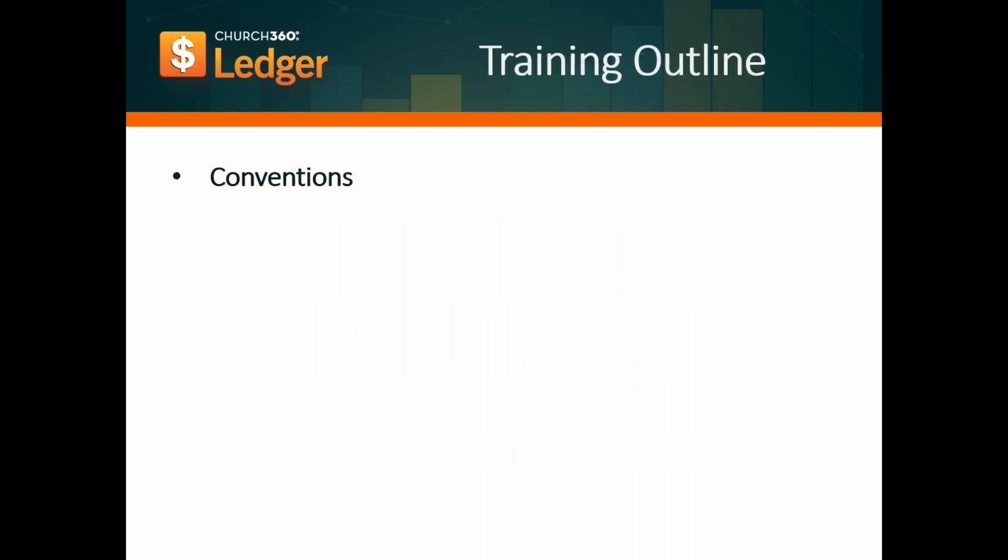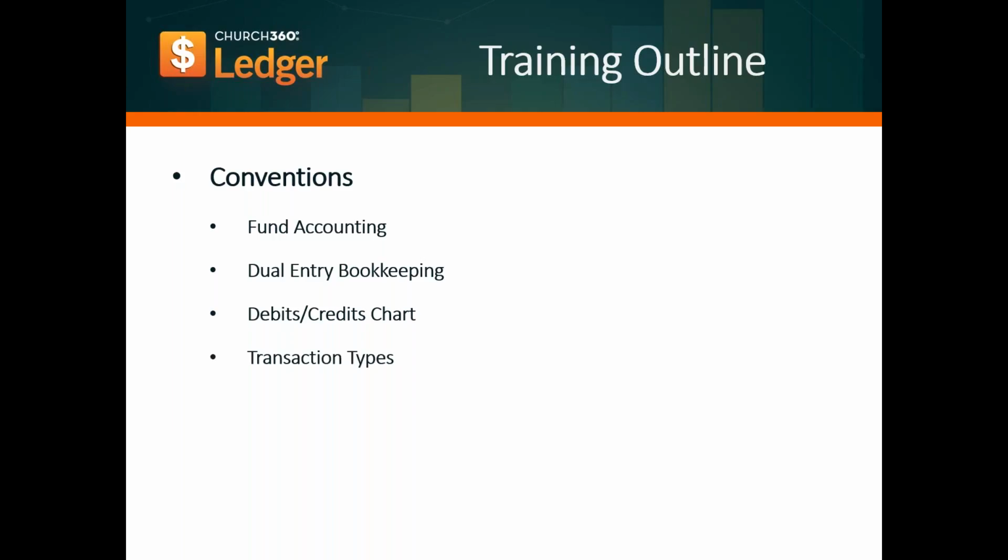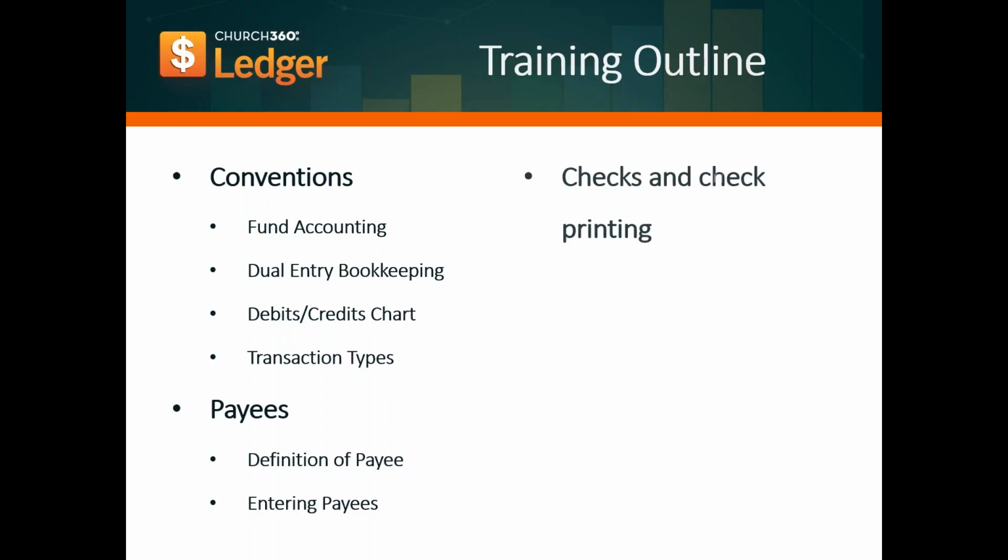So we're going to be talking about a few conventions for Church360 Ledger. We'll talk about the fact that it uses fund accounting and dual entry bookkeeping. We'll talk a little bit about the debits and credits chart and how that works. We'll also talk about the transaction types that Church360 Ledger uses. We'll go over payees, what a payee is, and how to enter a payee.